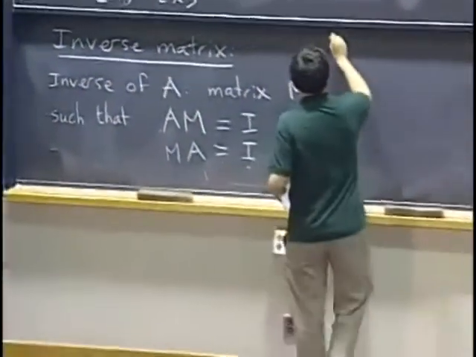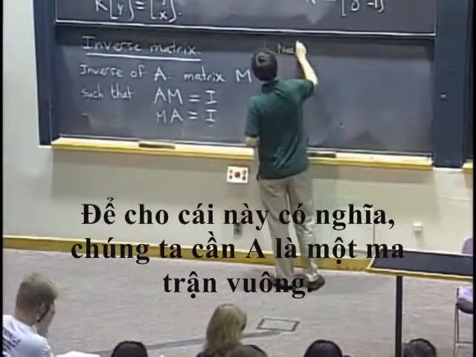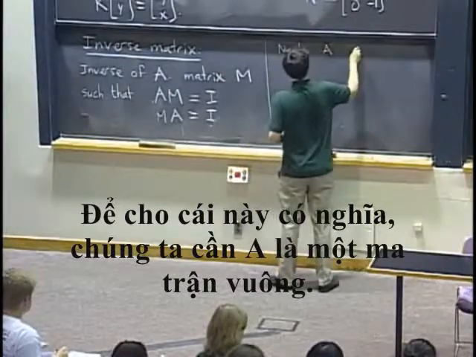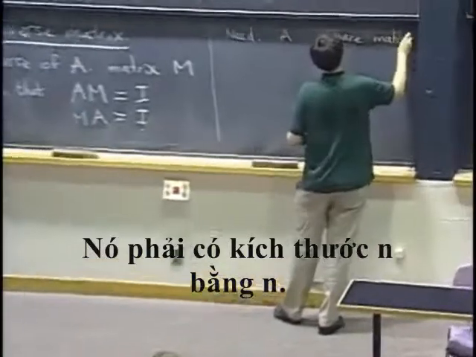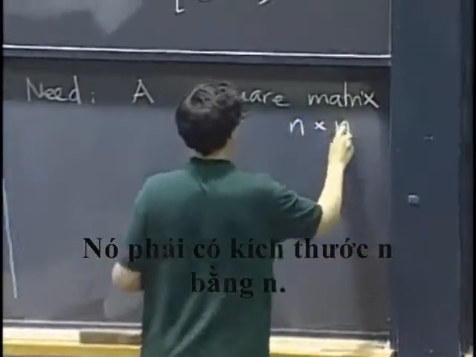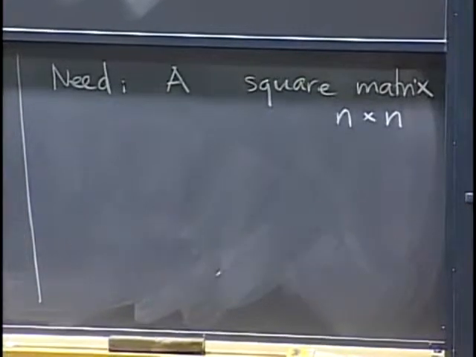Okay? So for this to make sense, A must be a square matrix. So it must have size n by n. It can be any size, but it must have the same number of rows as columns.